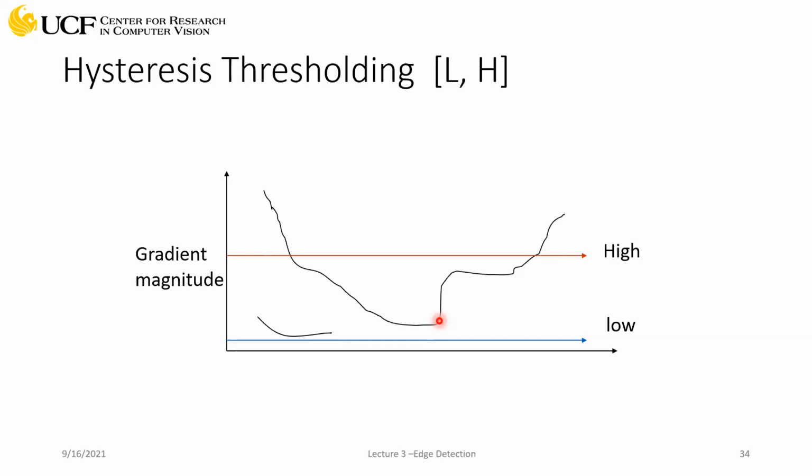So the idea here is, if you have a very long edge, then some part of that edge might have very high magnitude, and some part of it might have very low magnitude. So we discount that portion and we just make the whole thing an edge. That's the high level idea, and that's called hysteresis thresholding.